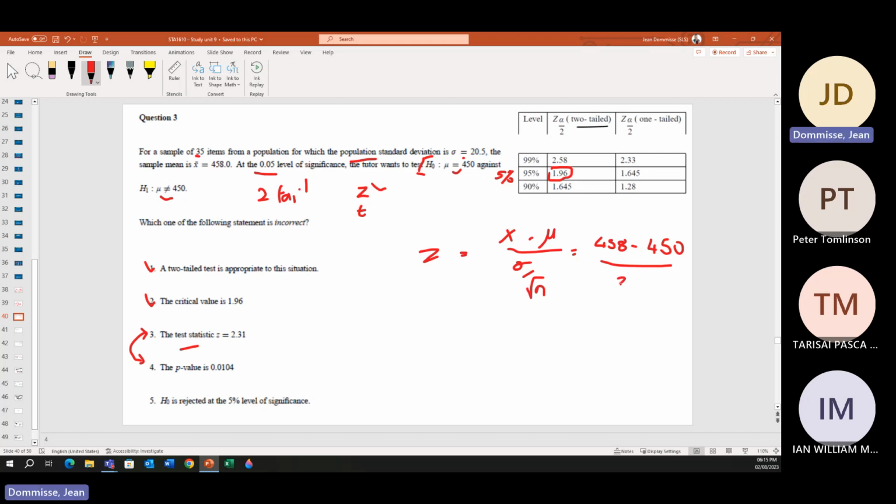Standard deviation was 20.5. N was 35. Again, sometimes they tell us N is equal to 35. Sometimes they will use the wording of sample.